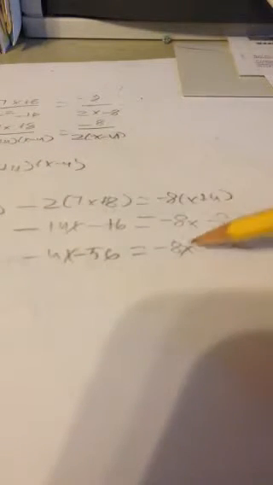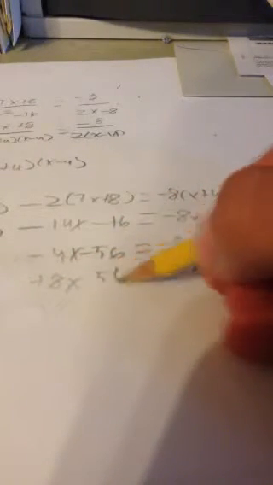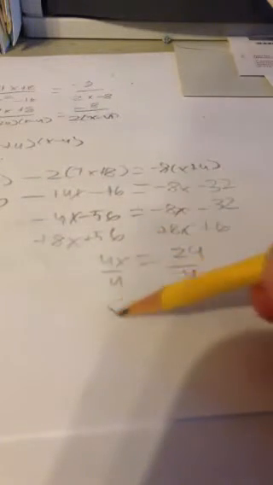So now we're going to put the x's on this side and the regular digits on this side. So we're going to add 8x here and add 56 here. So then we get 4x equals 24. So then divide by 4 to solve. After isolating x, get x equals 6.